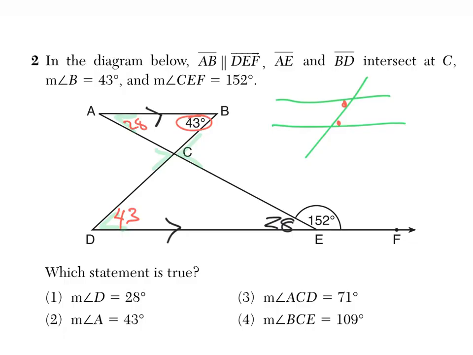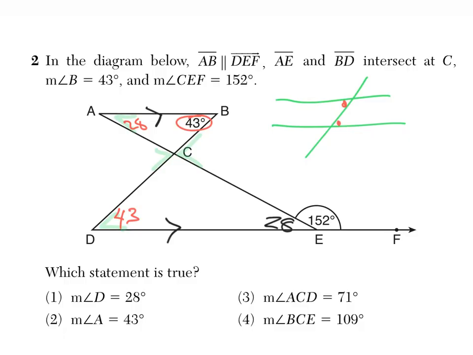Tremendous. How can we figure out what this angle is and this angle is? Well, if we figure out one, we can figure out the other because they are a vertical pair. And I also remember that the sum of the three interior angles of a triangle add up to 180. So what we can do is the inverse.